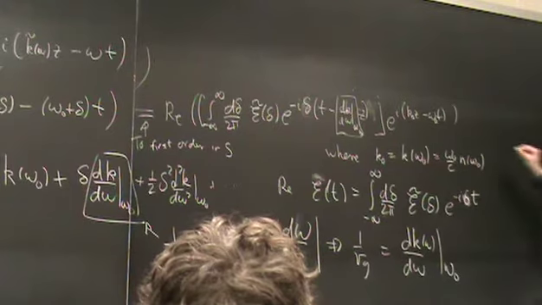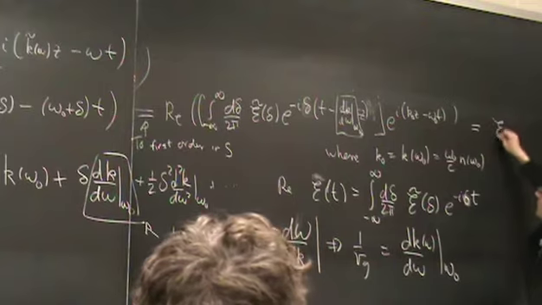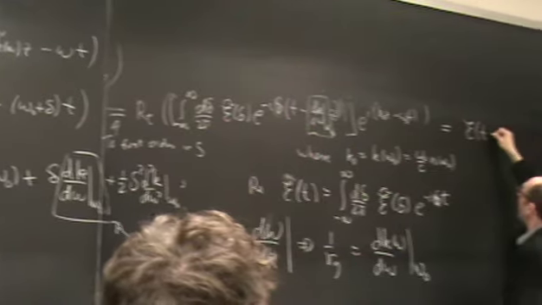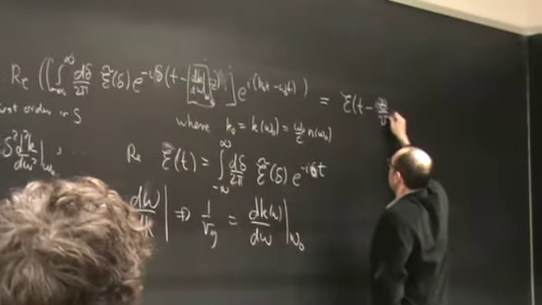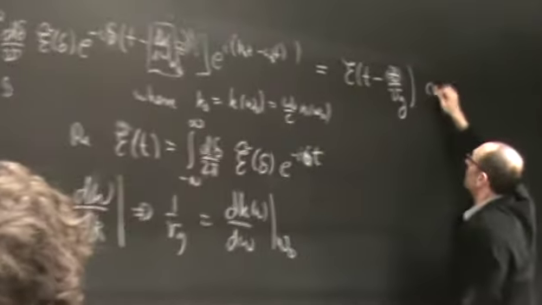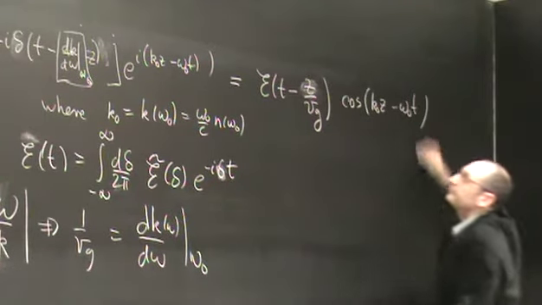And so the solution that we find is the pulse envelope evaluated now at t minus z over v group, times the cosine of k naught z minus omega naught t.